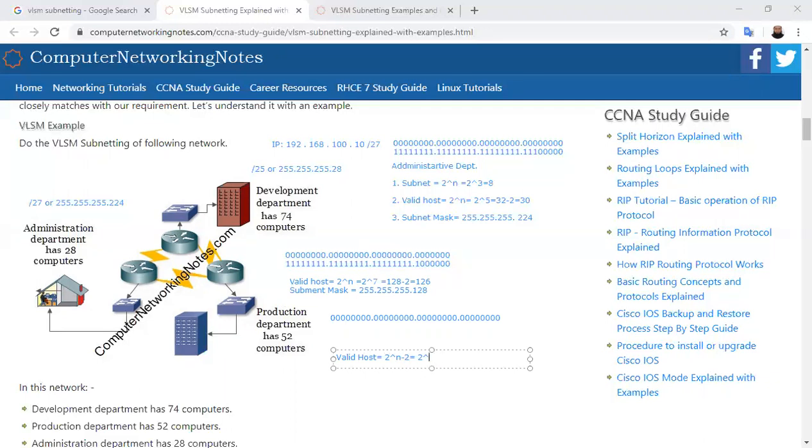So if we put 6, then we get 64 minus 2. That means it will be 62. And this 62 is very close to 52. Only 10 hosts are wasted. So this is the thing.